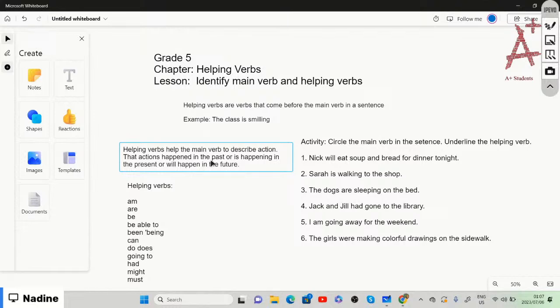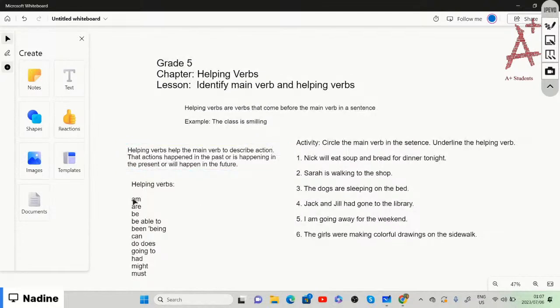A few helping verbs are am, are, be able to, been or being, can, do, does, going to, had, might, must. That is but a few.